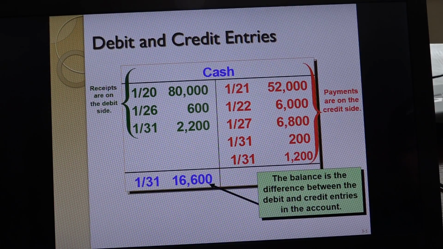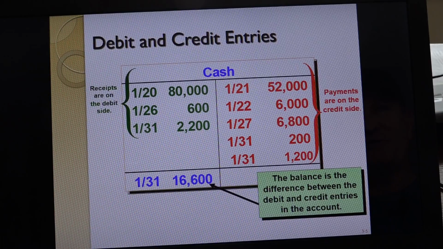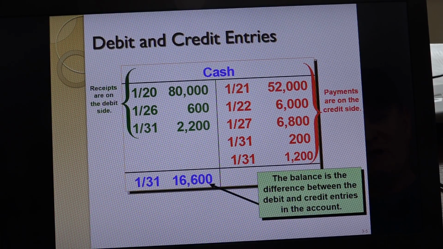And so note here that assets are going to have as their normal balance a debit balance. Liabilities are going to have as their normal balance, since they're on the right side of the accounting equation, a credit balance. And then owner's equity is kind of a special deal where you have different accounts: revenues, expenses, retained earnings, and dividends.